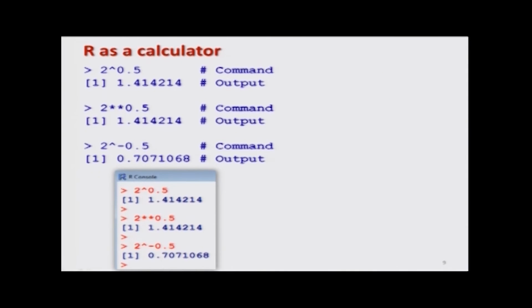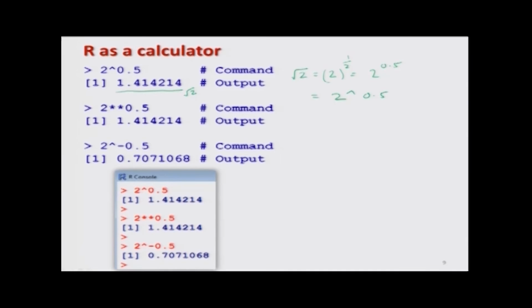And similarly, if you want to find the square root, it is something like 2 raised to the power of 1 by 2, which is equal to 2 raised to the power of 0.5. Once you try it, for example, I am writing 2 hat 0.5, you can see I am getting the value of square root of 2.